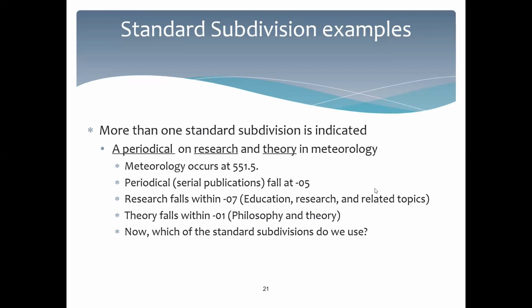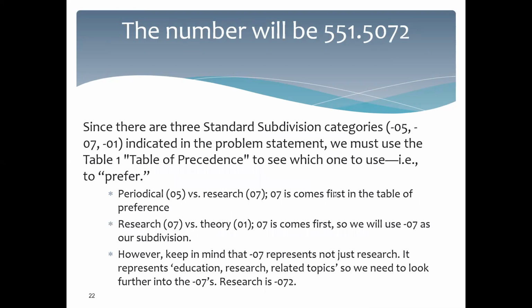Then we have research and theory, which are subjects, and then we have a periodical, which is our form. Periodical serial publications fall at 05, research falls within 07, and theory falls within 01. This is where we look at our table of precedence to see which one to use first.